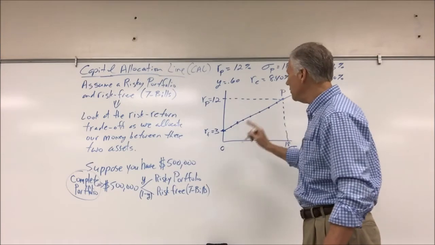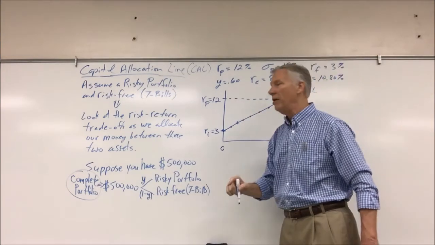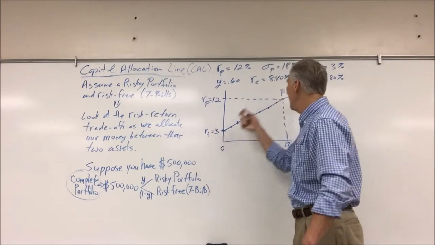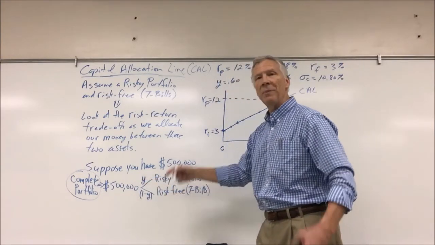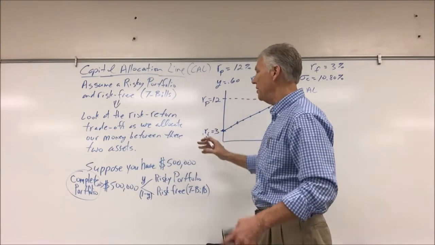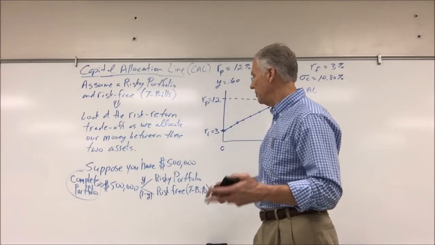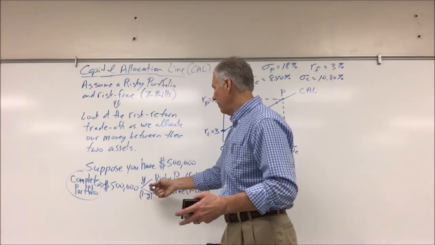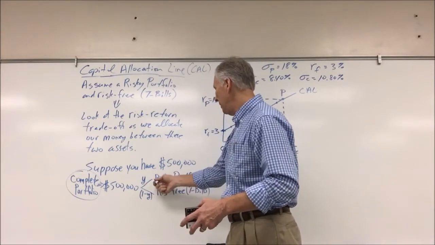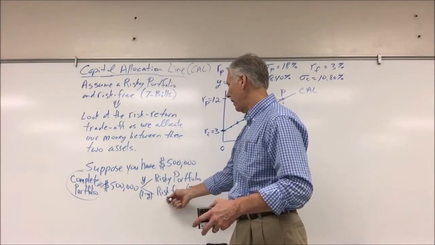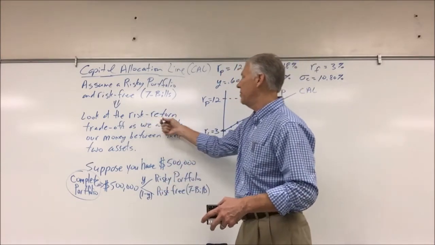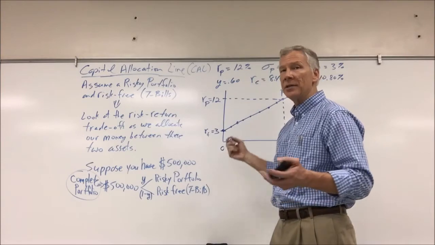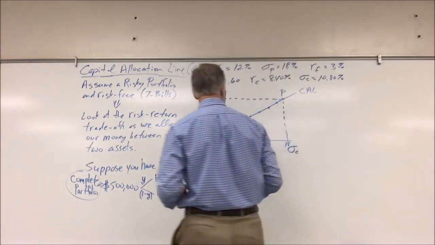And that point also represents the percentage of your money invested in T-bills and the risky portfolio. Right here, this is what we're doing. So by definition, the capital allocation line is measuring two things. It measures the percentage of your money allocated between the risky portfolio and the risk-free portfolio, and it represents that corresponding risk-return trade-off point. Okay, you need to understand it's both things.